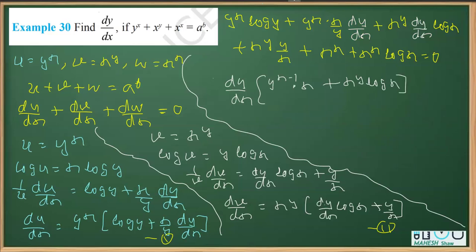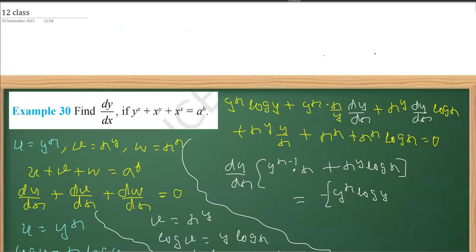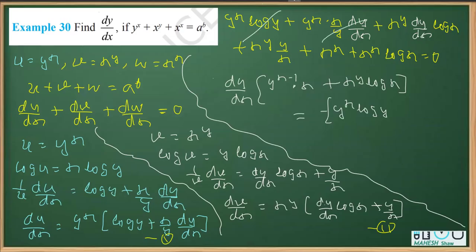Now transposing the remaining to the other side. So on the other side, we have what? This. If I write this on the other side, it will be minus common, so y raised to the power x log y. We have taken this common, and the remaining parts are these. Here we can again apply the laws of exponent between these two terms.